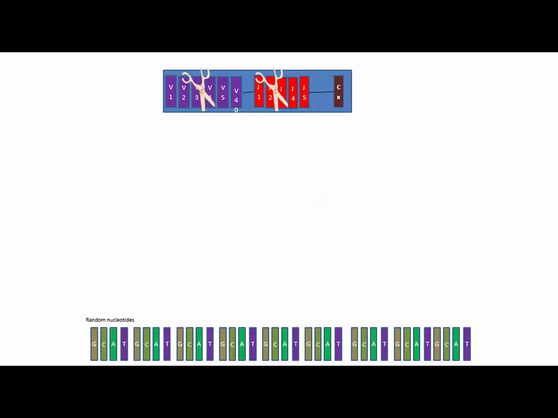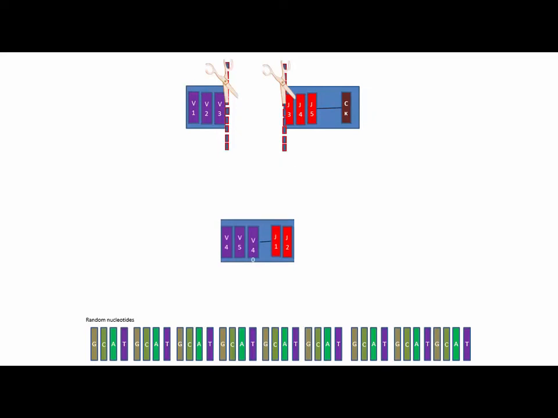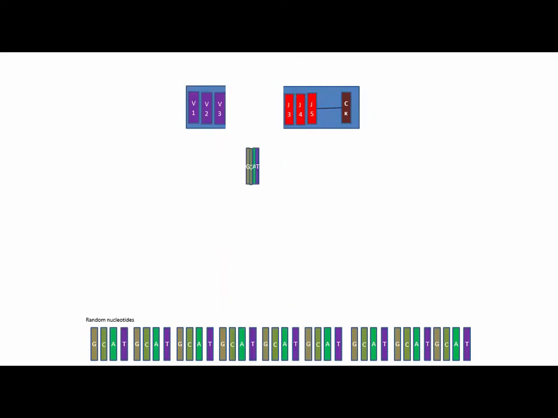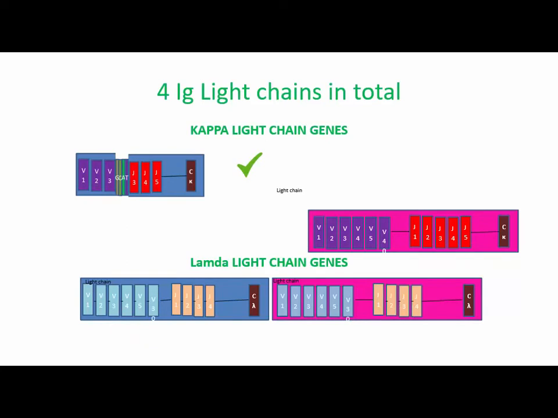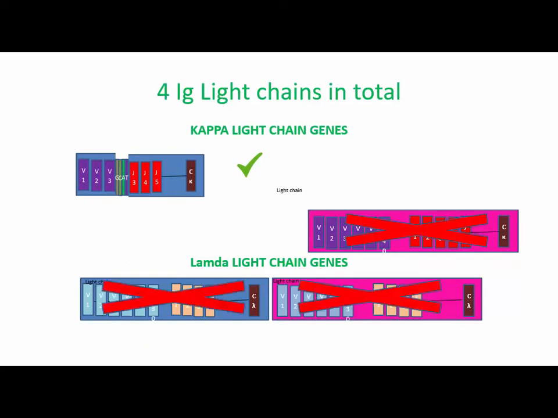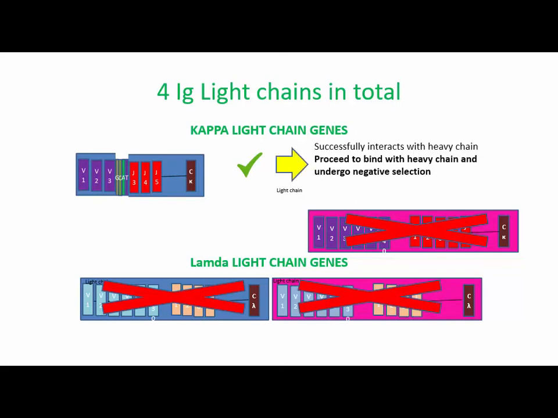They pick two random parts of the gene, cut them out, and they're lost forever. Again, nucleotides will be inserted, and at that point, light chain rearrangement has happened. But, again, need to check if it works. If it works, what will happen is the other three genes will be switched off, okay? Because we don't need them anymore.